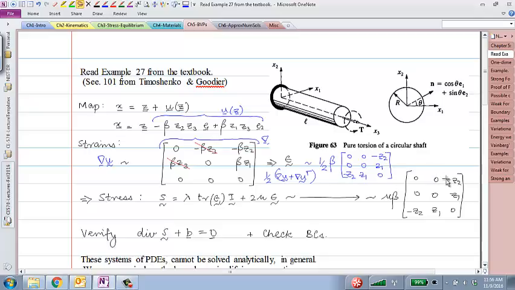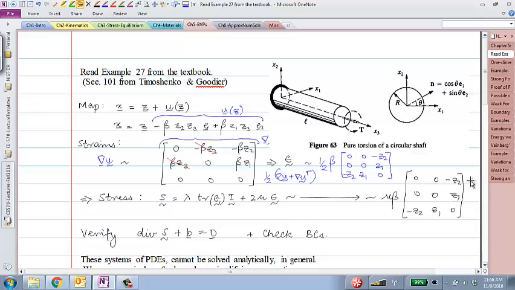What about checking whether this satisfies the governing differential equation? Well, again, we would have to calculate the divergence of this stress field, which means taking the stress field, acting it upon the divergence operator partial z1, partial z2, partial z3. This first row derivative, when I act it on this, I get 0.